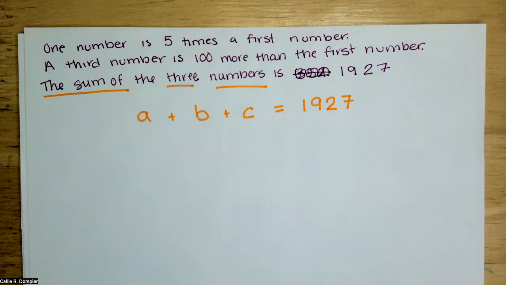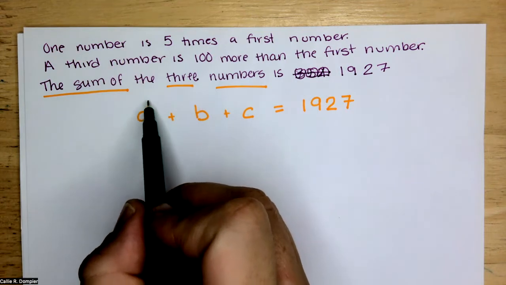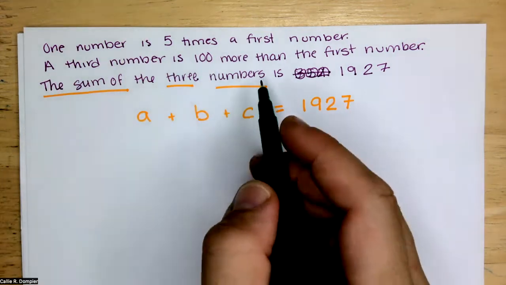But what we've been doing in this unit is only solving in terms of one variable, right? These are three different variables because they're three different numbers. And so we represented the three different numbers with three different letters, right?